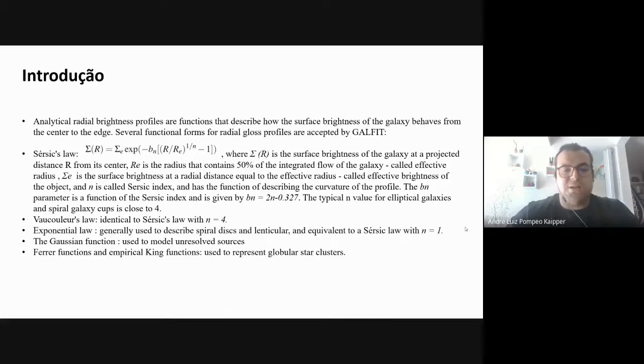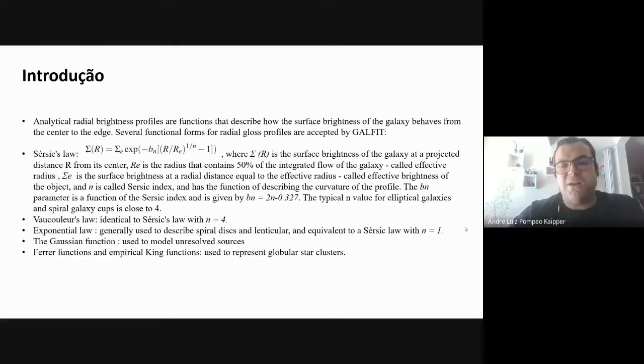Re is the radius that contains 50% of the integrated flux of the galaxy, called the effective radius. Σe is the surface brightness at a radial distance equal to the effective radius, called the effective brightness of the object, and n is called the Sersic index and describes the curvature of the profile. The bn is a function of the Sersic index and is given by this equation here.